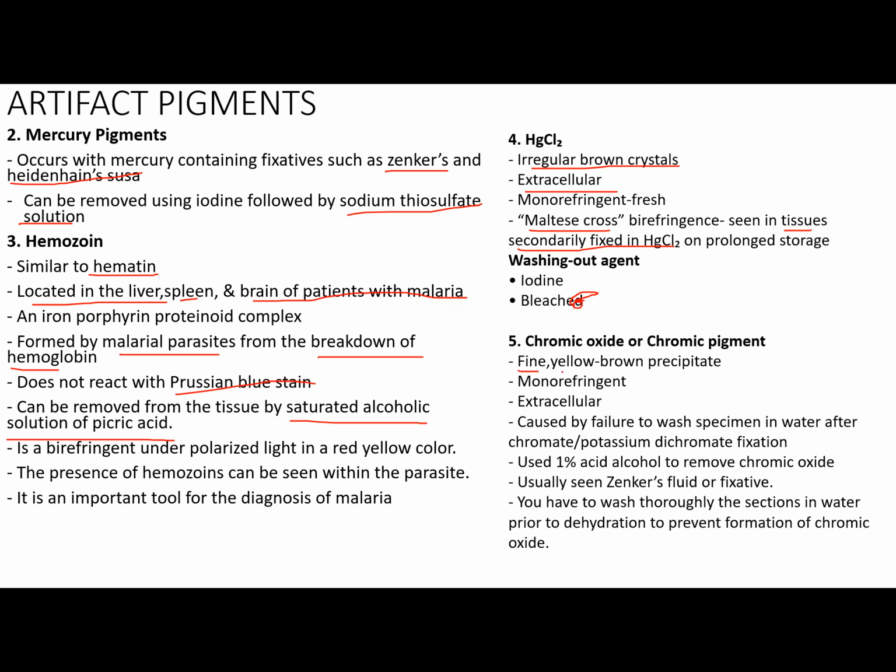They appear as fine yellow-brown precipitate, monorefringent, extracellular, caused by failure to wash the specimen in water after chromate or potassium dichromate fixation. Use 1% acid alcohol to remove chromic oxide, usually seen in Zenker's fluid or fixative. You have to wash the section thoroughly in water prior to dehydration to prevent formation of chromic oxide.